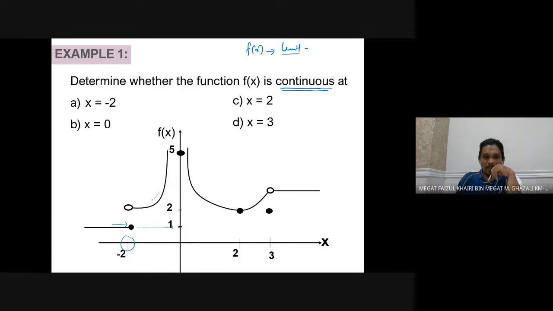And when x approaches -2 from the right, the value of y equals 2. So does the limit exist? Does the limit exist, class?